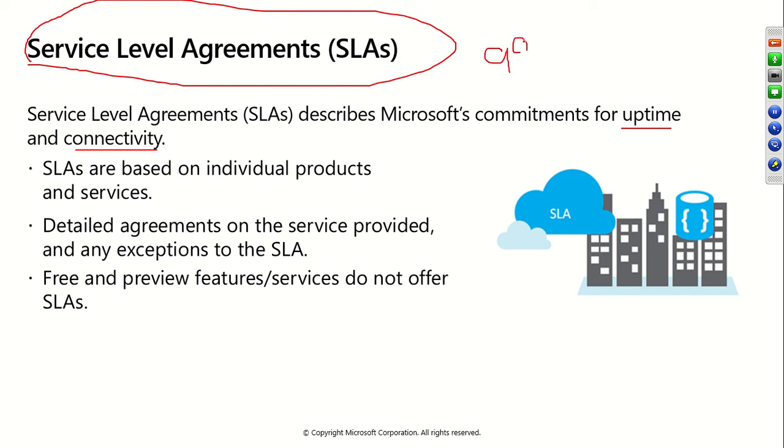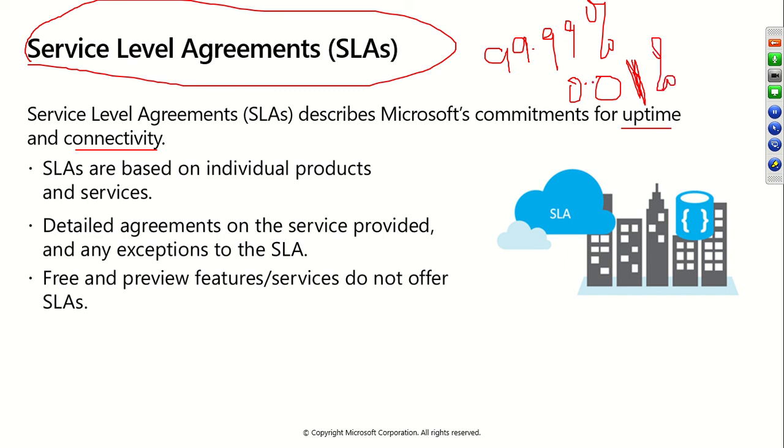For example, they have a 99.99% SLA. That means the service can go down 0.01%. If you take this away from 100, what are you going to get? 0.01. Yes. So 0.01% of the time you can have a downtime. That is what this 99.99 means.